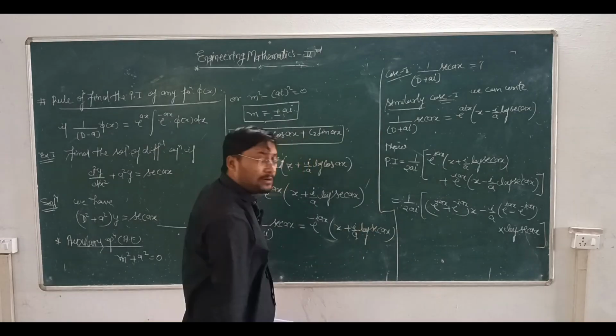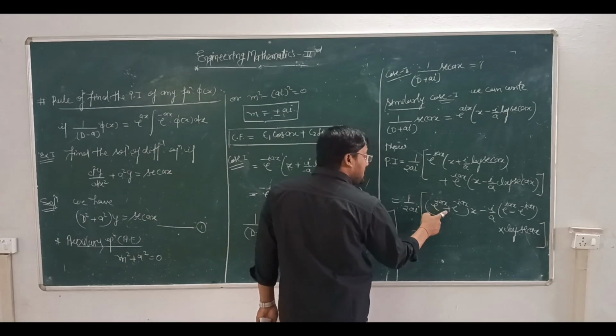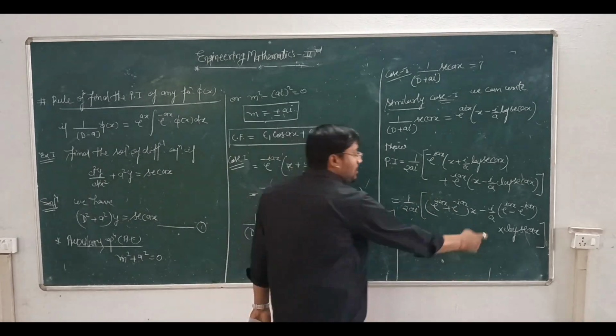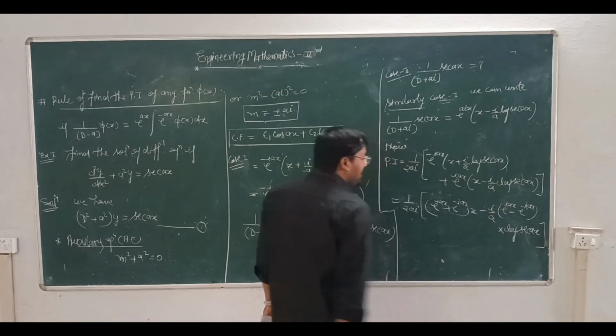Now you can put the value of e to the power iax plus e to the power minus iax, and e to the power iax minus e to the power minus iax.